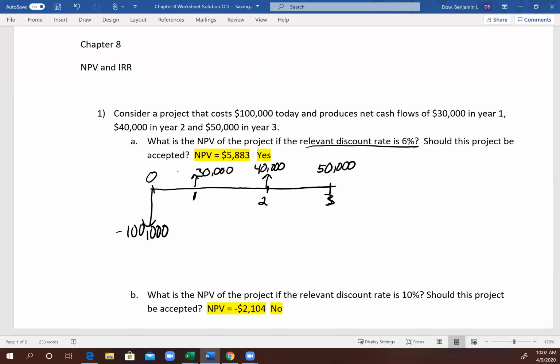But in real life, you're wanting to figure out how certain are you that this 30,000 in cash flow will occur? How certain are you the 40,000 will occur? How much variation is around there? Is this project a government contract for 3 years to produce some kind of medicine? Okay. Or is this something like Beanie Babies?